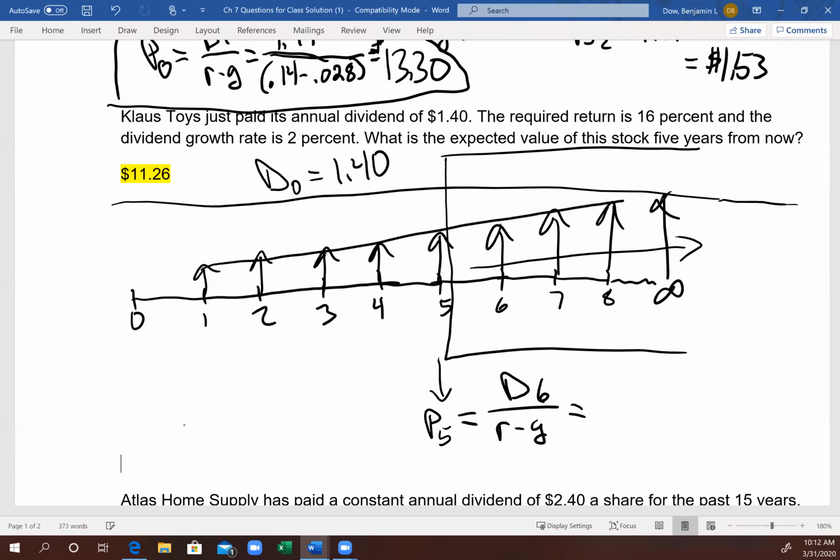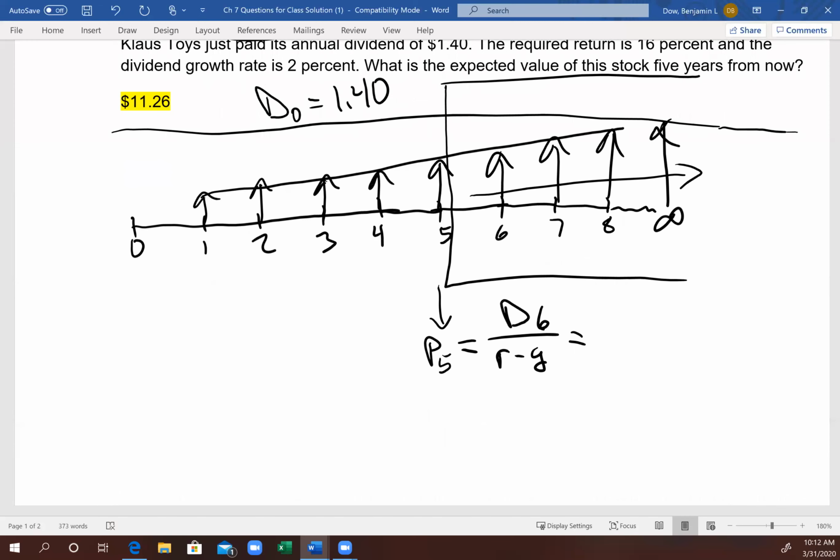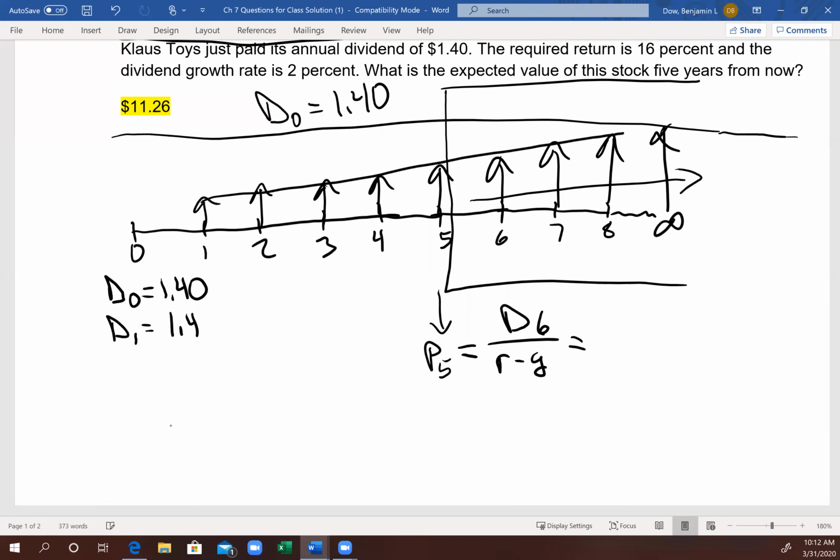So in order to solve this equation, then we've got to figure out what D6 is. We know D0, and that's good. We know that there's constant growth, so that'll be helpful. So if D0 is $1.40, then D1 is $1.40 times 1.028, growing at 2.8%.